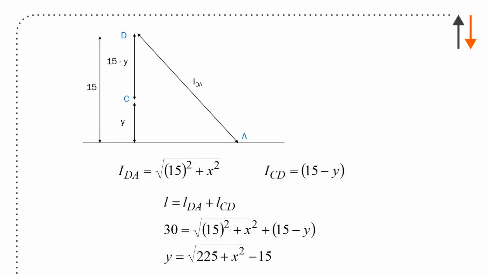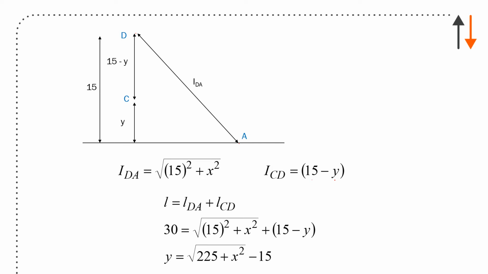So I can redraw this as a schematic. 15 meters, C is distance y, C to D is 15 minus y. And the length DA is going to be the square root of 15 squared plus x squared. The length CD, which is the one I'm interested in because that's the safe distance, is 15 minus y.